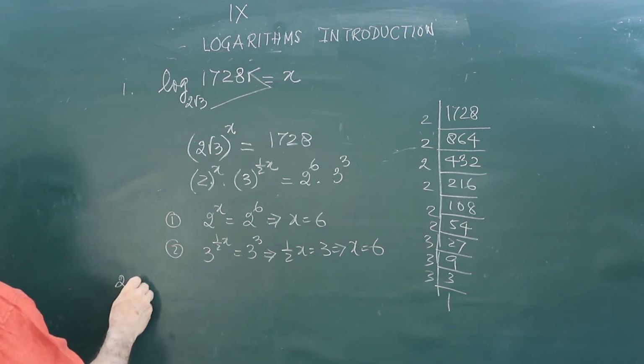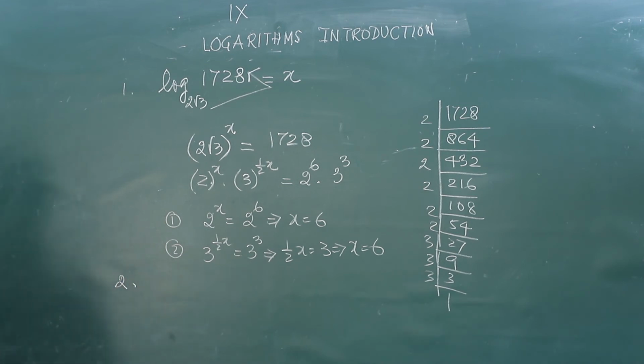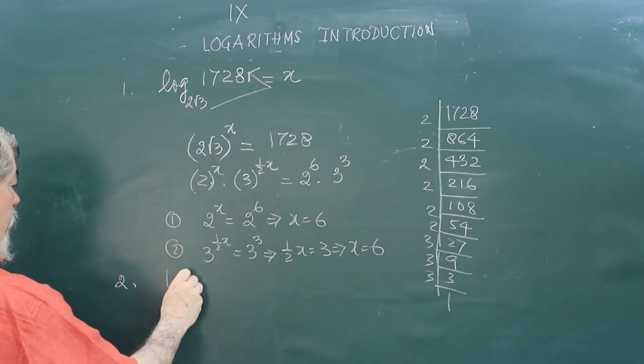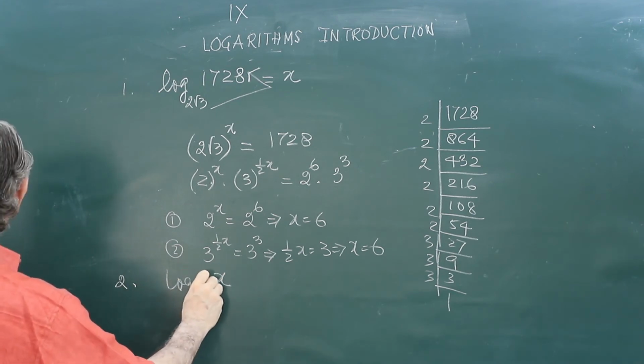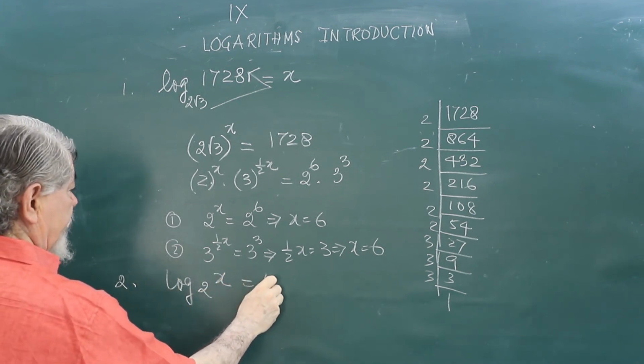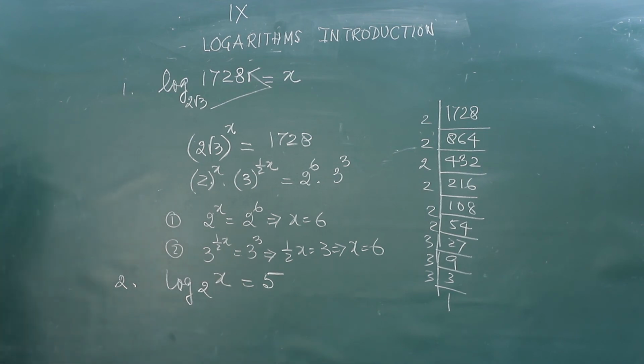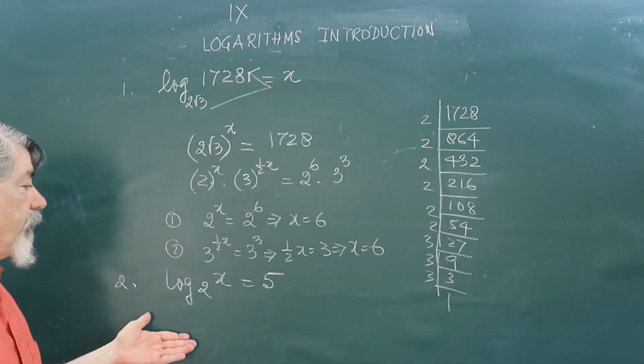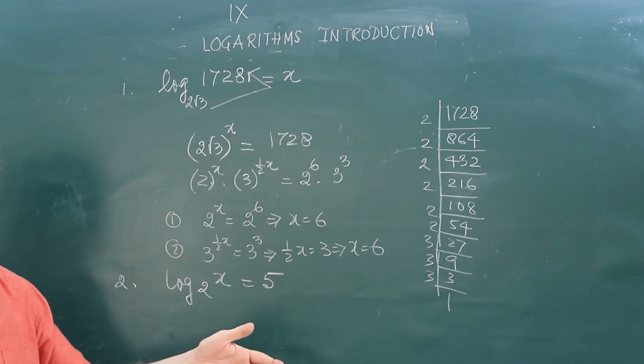Let me see the second question. Log x to the base 2 is 5. I have to find out the value of x. So again we are changing from logarithmic form to index form.